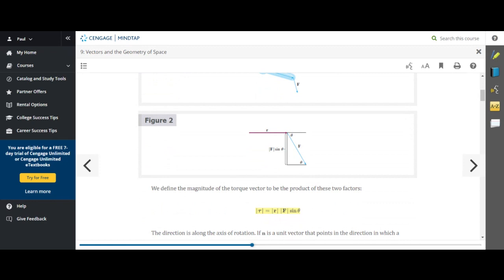By alternate interior angles, that theta is also down there at the bottom of the triangle, and clearly the sine of theta is equal to the opposite side over the length of the force vector. So the opposite side, the y side, in that right triangle is equal to the length of the force vector times the sine of theta.